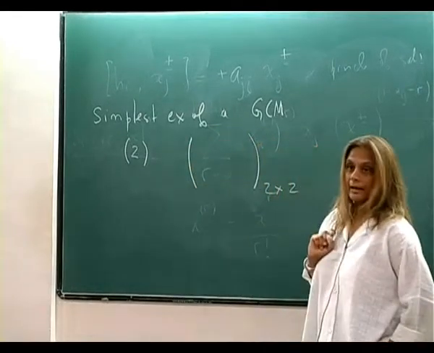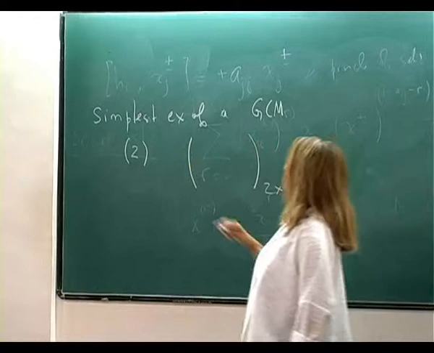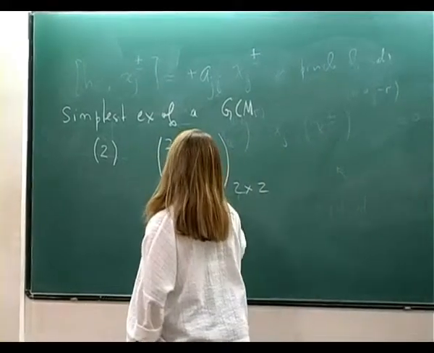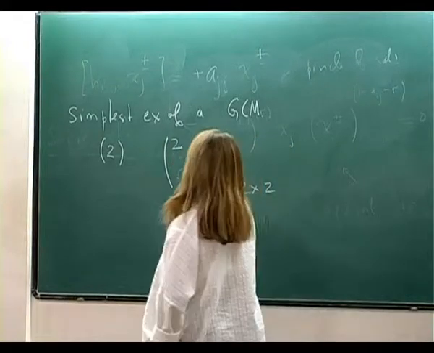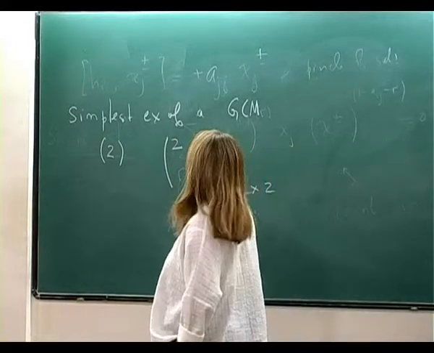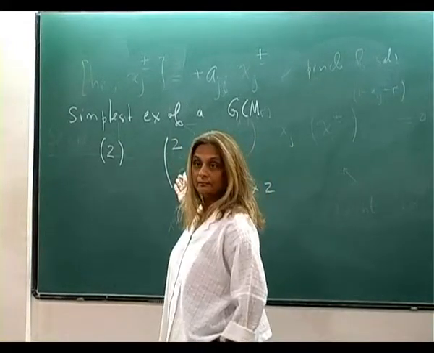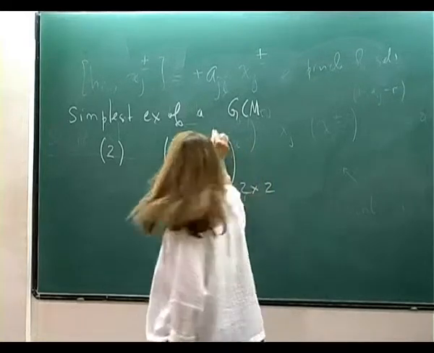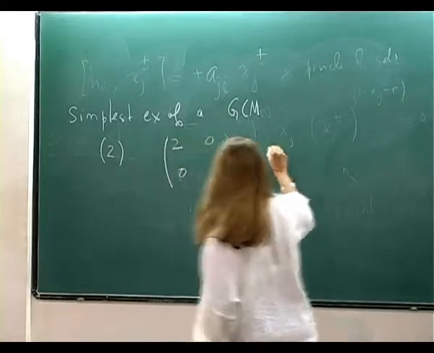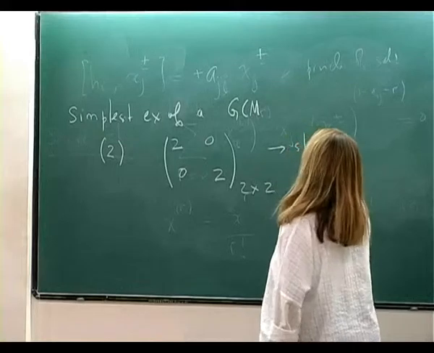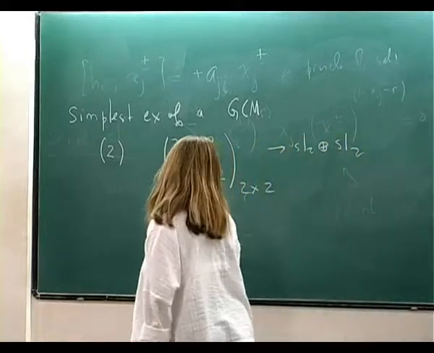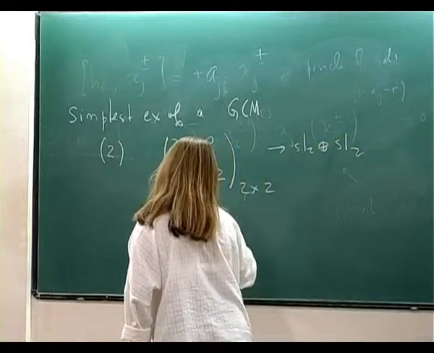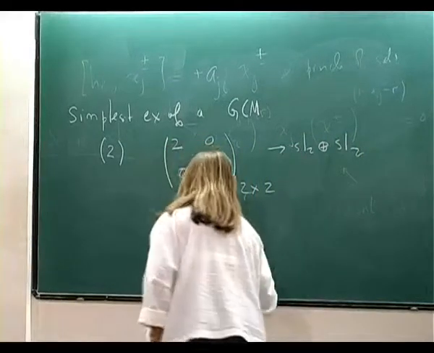Right? And what are the only restrictions we impose? You want 2 over there on the diagonals, right? And you want non-zero, and obviously if you put 0 over here, that's still not interesting. Suppose if I take this, then this is the Cartan matrix of what? SL2 direct sum SL2. So let's take a slightly more interesting example. So let's take 2, 2, minus 1, minus 1.